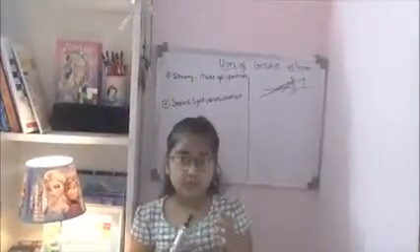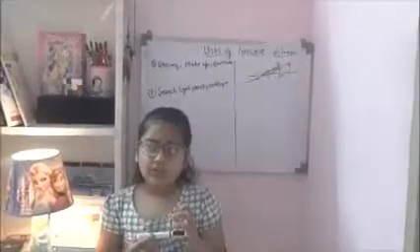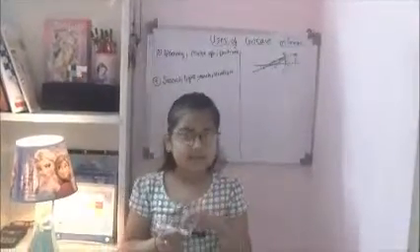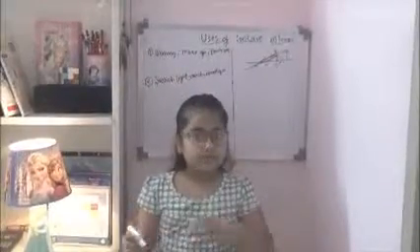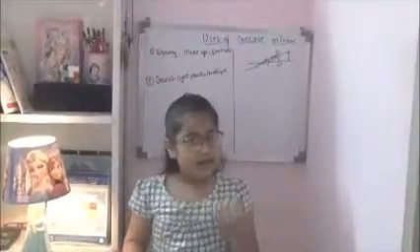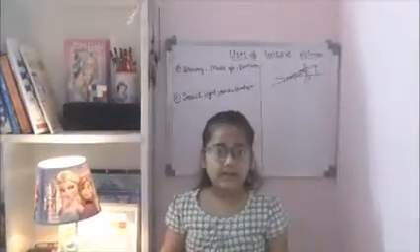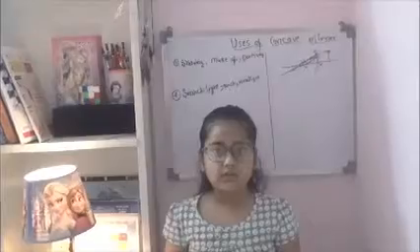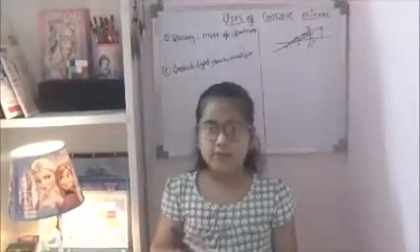Let's take the case of the torch. Torch has a concave reflector. Now, say we place a bulb at the principal focus. So, it will give out light. And as per rules for obtaining images by concave mirror, the rays of light passing from the principal focus become parallel to the principal axis after reflection.